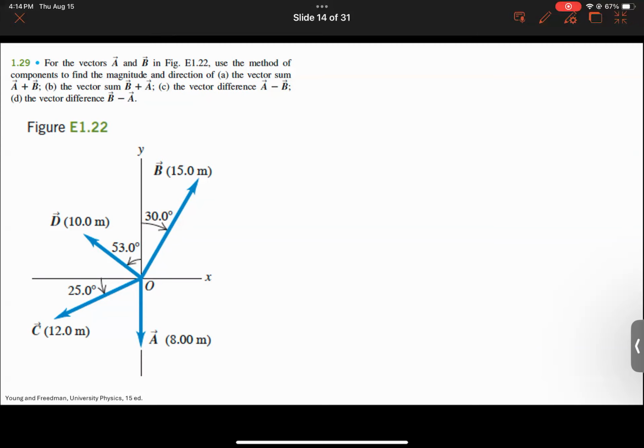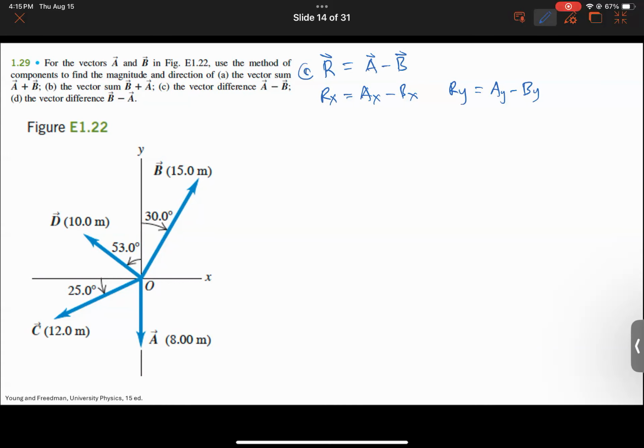Let's start with A minus B. So let the resultant vector be equal to A minus B. So the x component of the resultant vector is just Ax minus Bx. And the y component of the resultant vector is just Ay minus By.